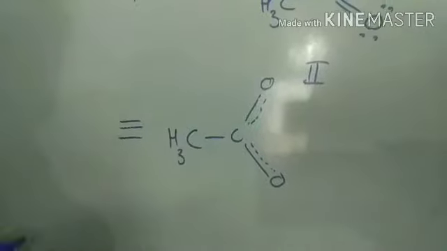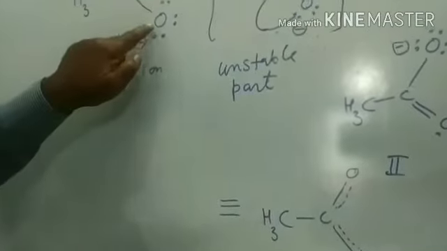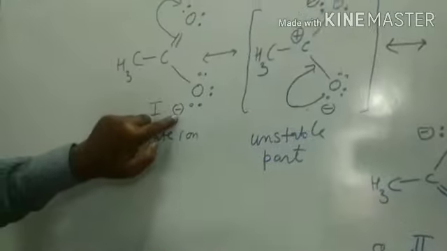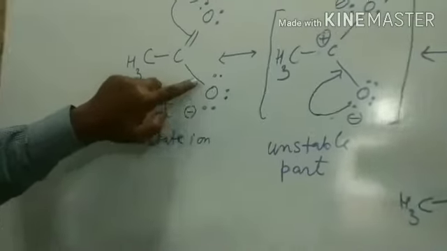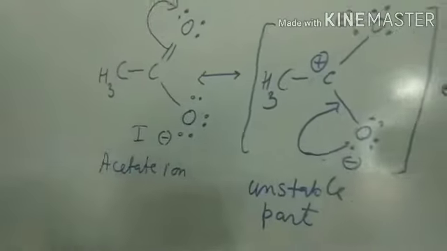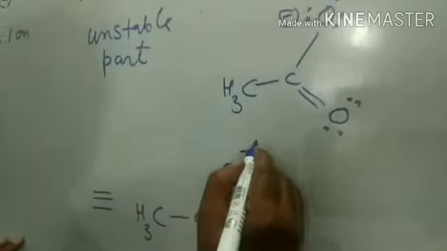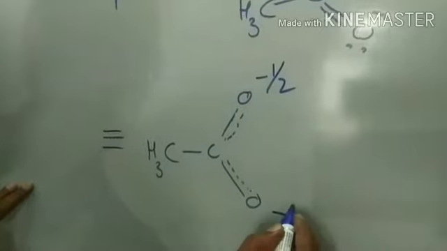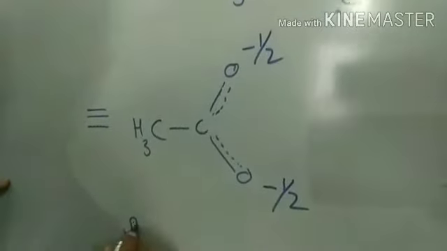You see that a negative charge disperses over two oxygen atoms. So each oxygen atom carries minus half charge. So this is the resonance hybrid.